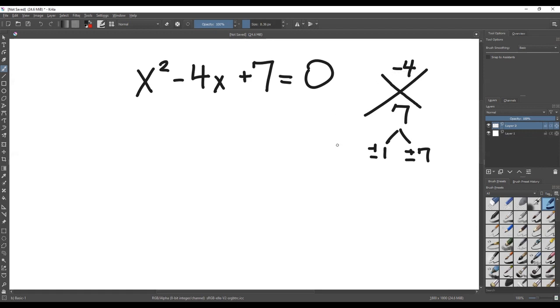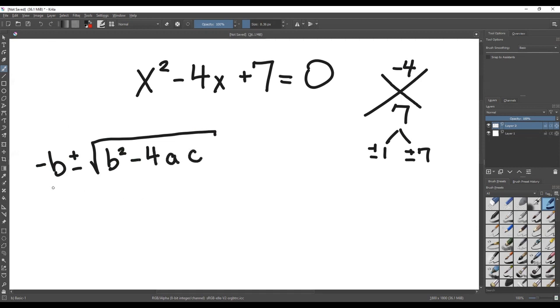So we have to do the quadratic formula, which is -b plus or minus the square root of b squared minus 4ac, all over 2a.